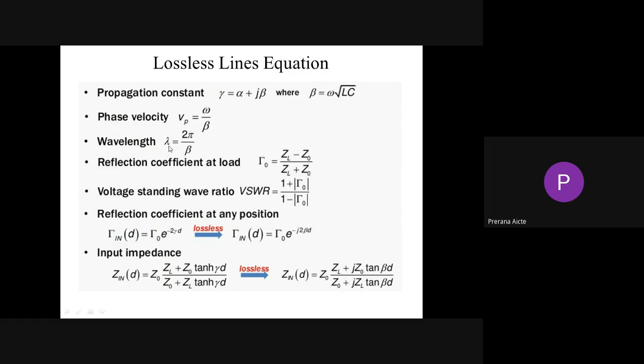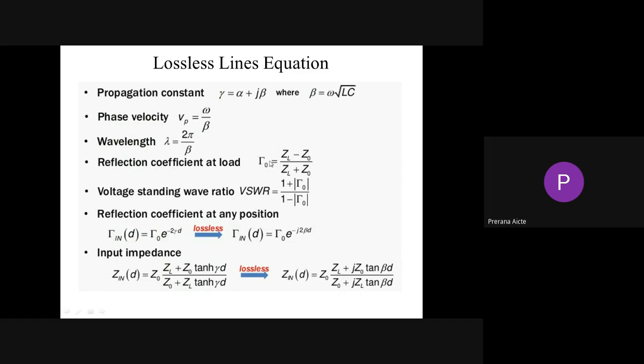Then the reflection coefficient at the load, delta, is equal to ZL minus Z0 divided by ZL plus Z0. This reflection coefficient is less than 1; it lies between 0 and 1. Suppose the load impedance is equal to the characteristic impedance, that is ZL equals Z0.